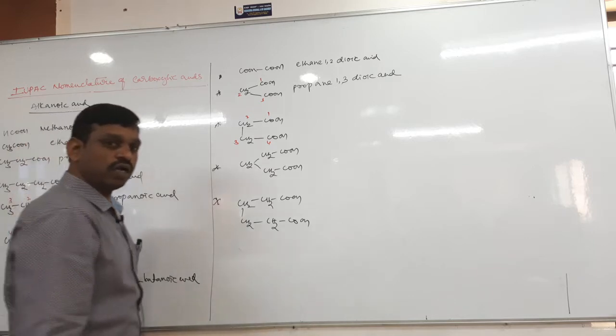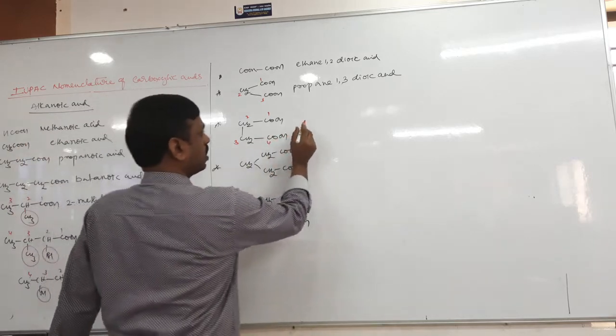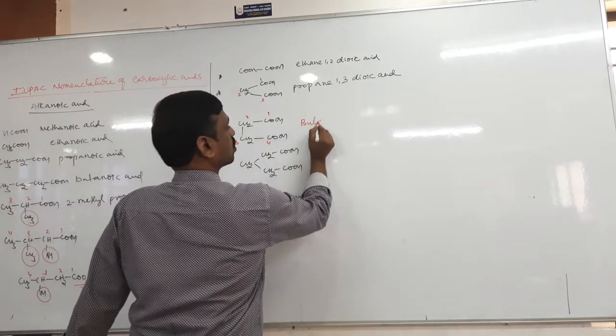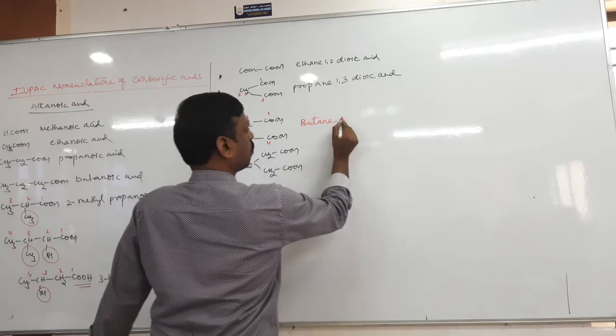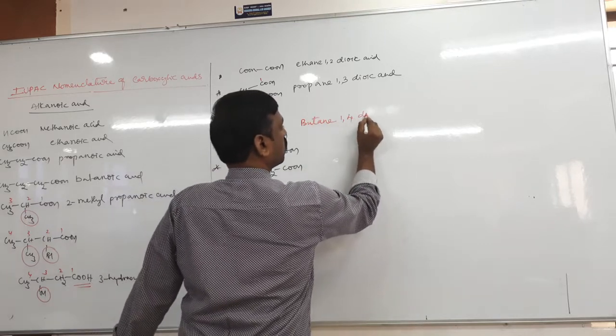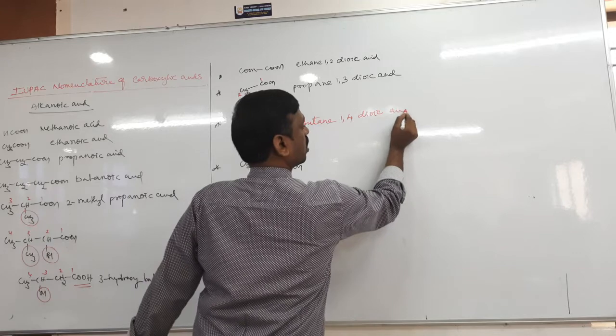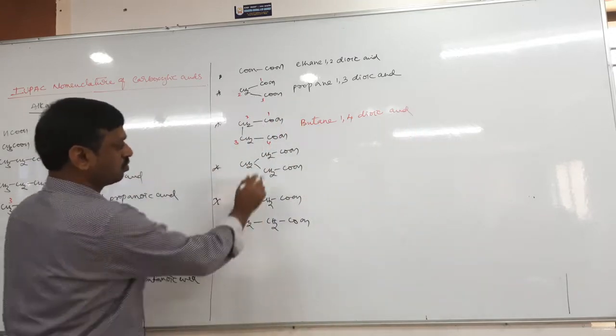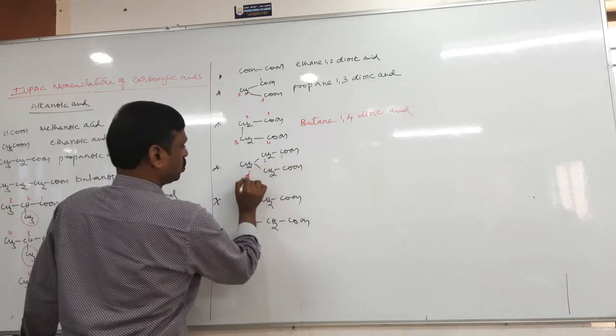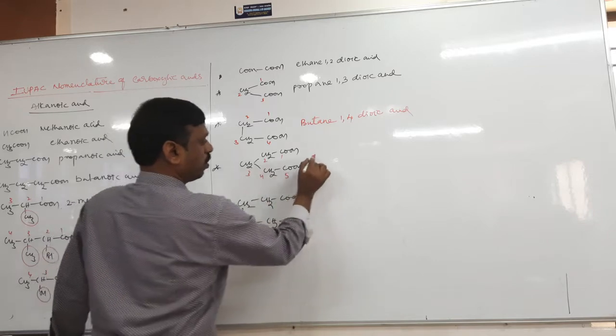How many carbon total? 4 carbon. That is a butane. Butane 1,4 dioic acid. Next it is 1, 2, 3, 4, 5.